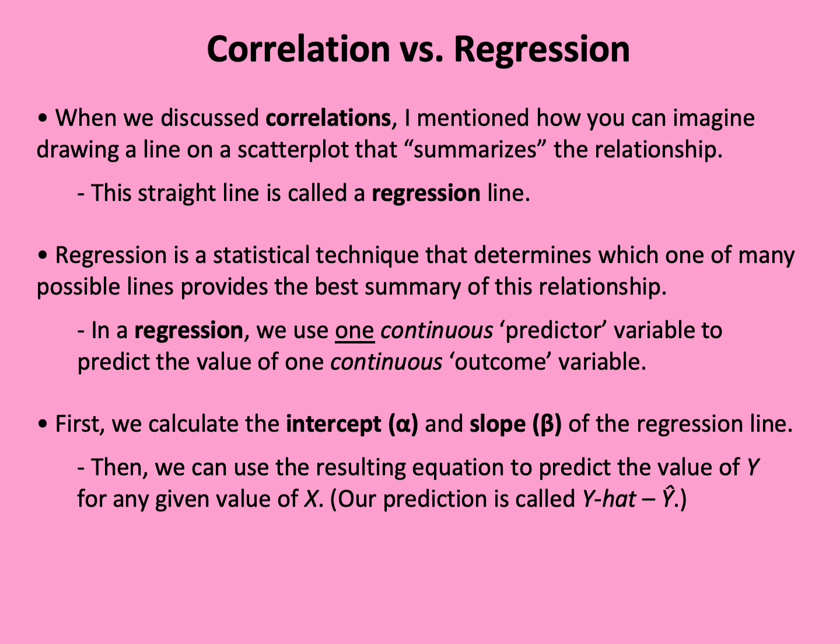The other, referred to by the Greek letter beta, is known as the slope. Again, we use this equation to predict the value of y for any given value of x. And to denote that this is our prediction rather than an actual value, we use a notation called y hat.